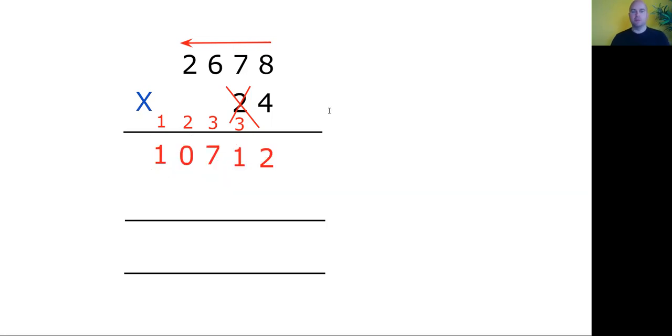Okay, so now I have 4 times 8, 4 times 7, 4 times 6, 4 times 2. We've got our answer now, 10,712. Right, now, this is the bit that people get a little bit confused on. I'm going to help you here. We're dealing with a 20 because it's in the tens column, so it's 20 times 8, 20 times 7.